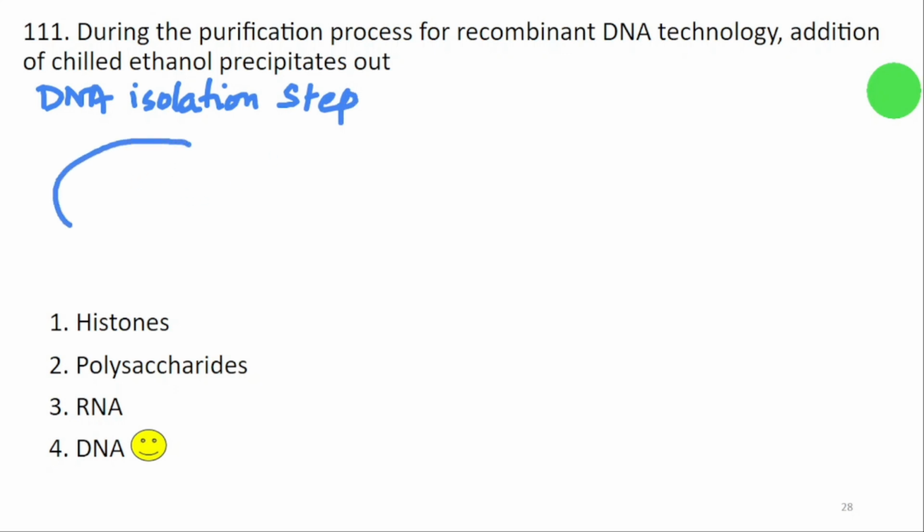So this is the cell. Usually plant cell or fungal cell or bacterial cell is used. So these cells will have a cell wall around the cell. So first we have to get rid of the cell wall.